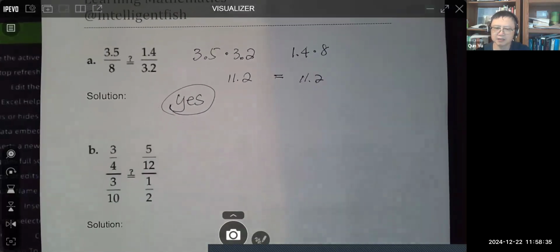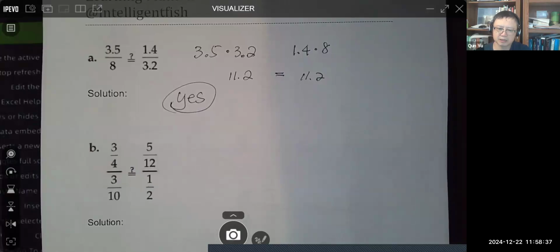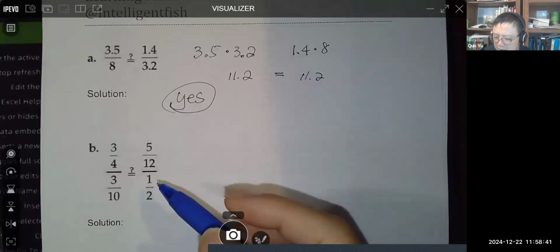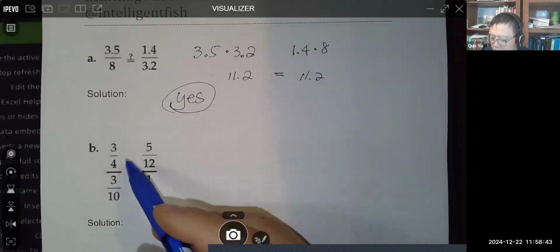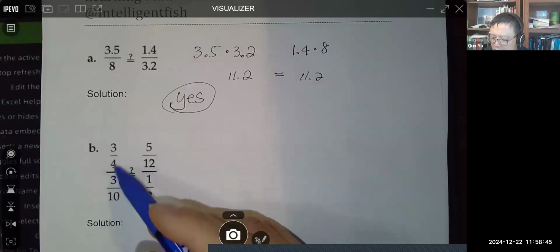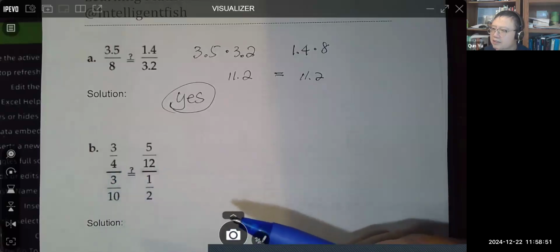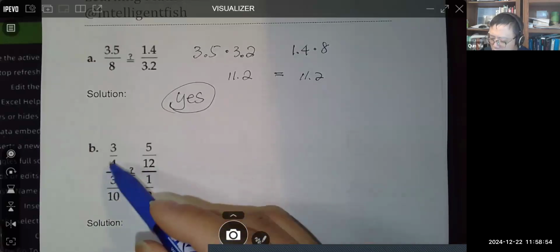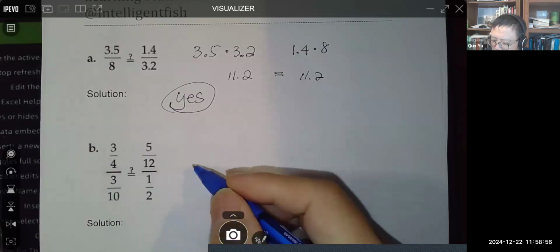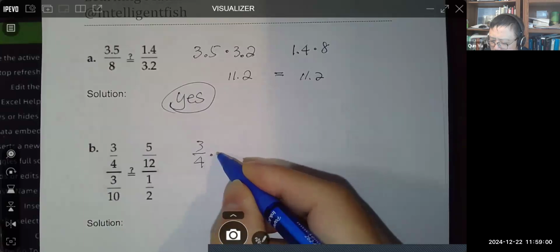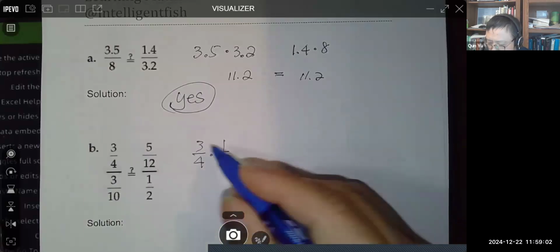Now, second one, same question, is this a proportion? We do cross multiplication again. Certainly you can do division on each side using fractions to see if they give you the same result. Same result means both sides are equal. That's one way to do it, but you can also do cross multiplication. Let's do cross multiplication. 3/4 times 1/2, that's one cross product.